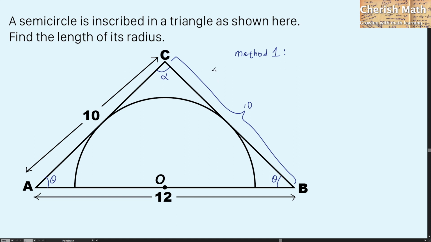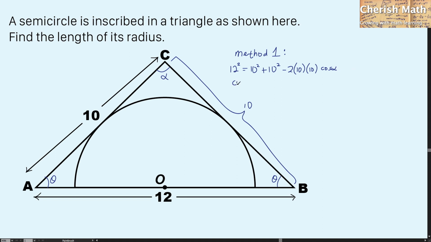Now I'm going to use the cosine rule to find the value of angle alpha. That will be 12 squared equals 10 squared plus 10 squared minus 2 times 10 times 10 cos alpha.